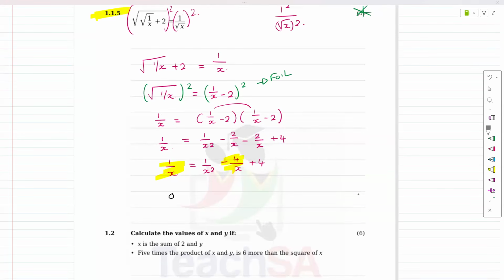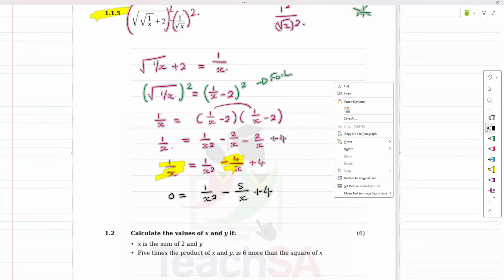And they might be a little bit difficult at the start, but this is 1 over x squared minus 5 over x plus 4. Okay, now if we deal with this again, I do understand questions like this become difficult, but from here we can solve it quite easily.